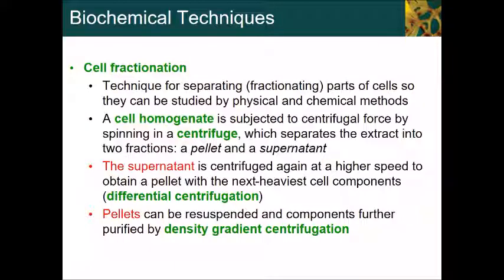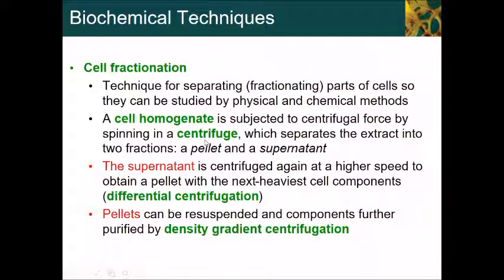And then, as I mentioned earlier, scientists use the technique of cell fractionation to separate different types of organelles inside the cell. The cells that have been homogenized will be subjected to centrifugal force by spinning the centrifuge.